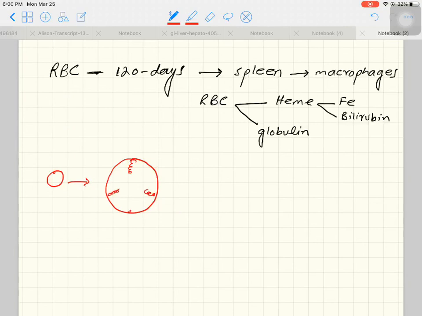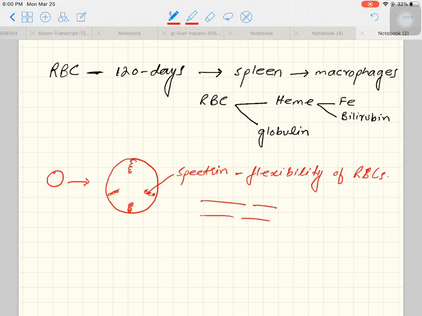These spectrin proteins are responsible for the flexibility of RBCs. For example, this is the capillary. They are flexible, and they can ooze out into the interstitium. They go out and in like this. They pass through the capillaries.